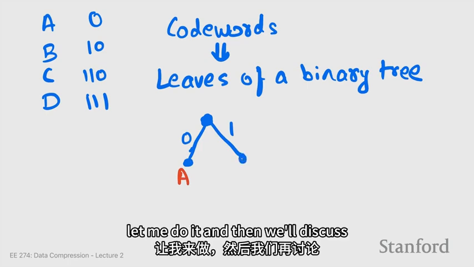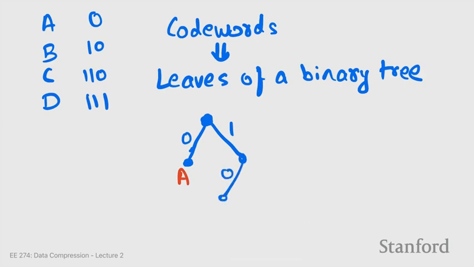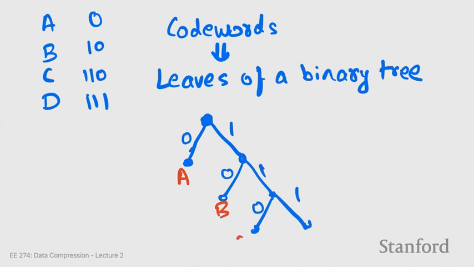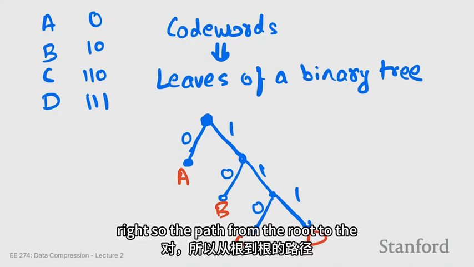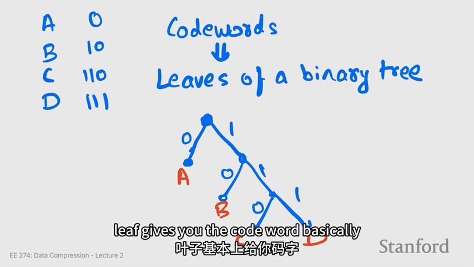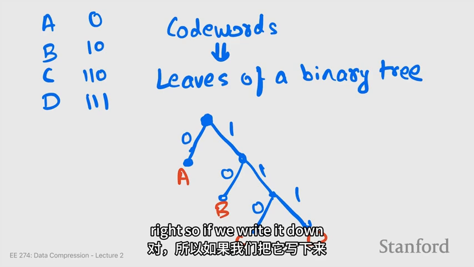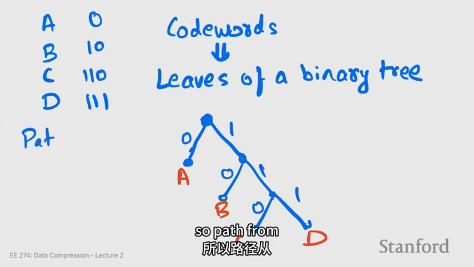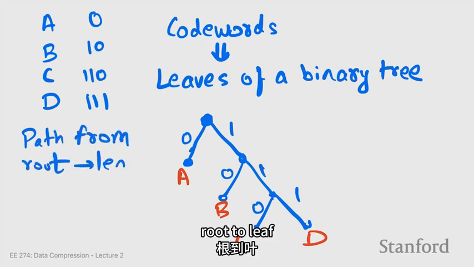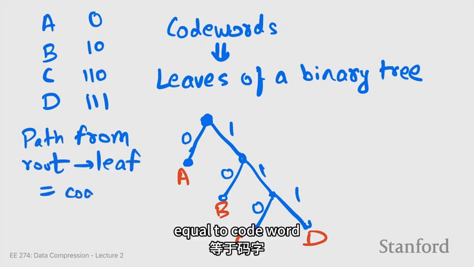Let me draw it and then we'll discuss. Very simple stuff really, if you think about it. So the path from the root to the leaf gives you the code word basically. If we write it down, path from root to leaf equals code word.